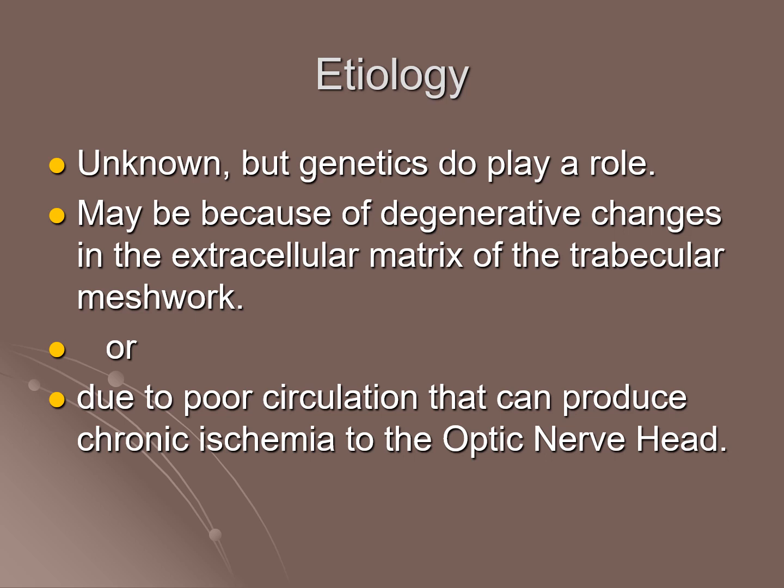Or it may be due to poor circulation that can produce chronic ischemia to the optic nerve head. Both raised intraocular pressure and ischemia to the retinal nerve fiber layer or optic nerve head ultimately lead to the death of the ganglion cells, causing apoptosis of the nearby cells.